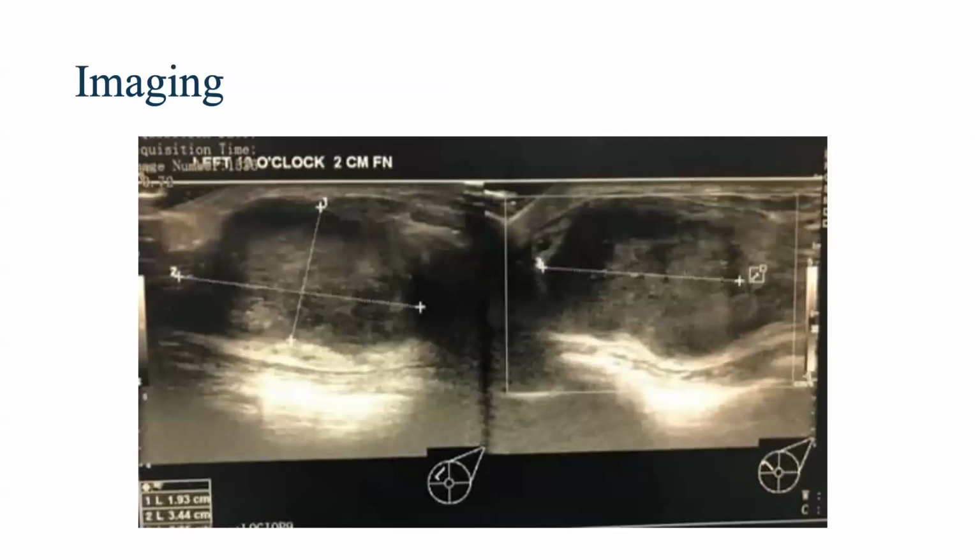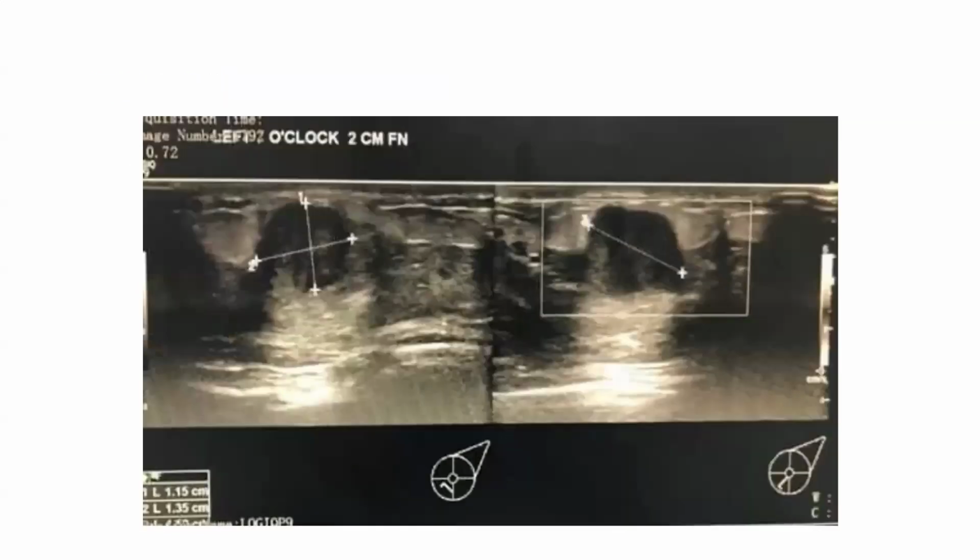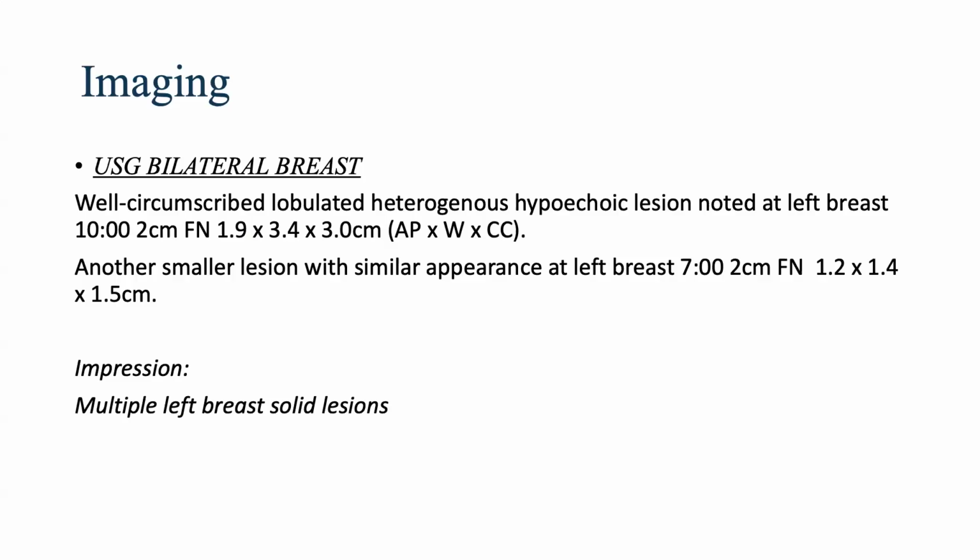You can see a heterogeneous lesion with fairly regular margin, and the center is hyperechoic. Maybe there is a bit of calcification. The size is 1.9 times 3.4 centimeters. Okay, correct. She has a similar lesion at 7 o'clock, so there are multiple breast lesions.